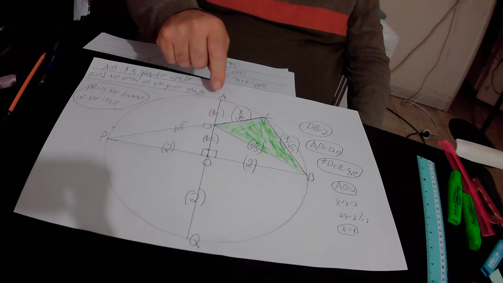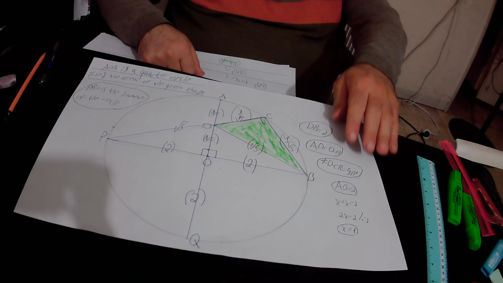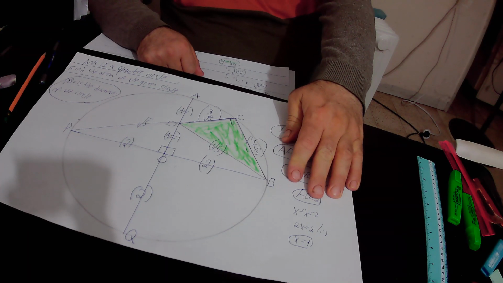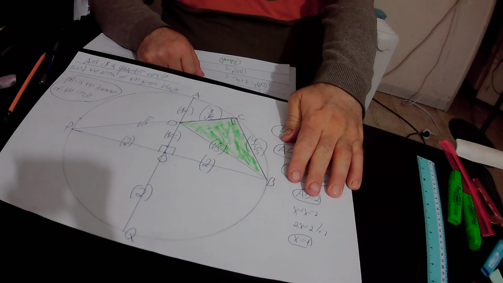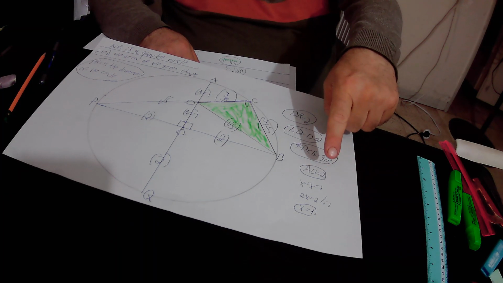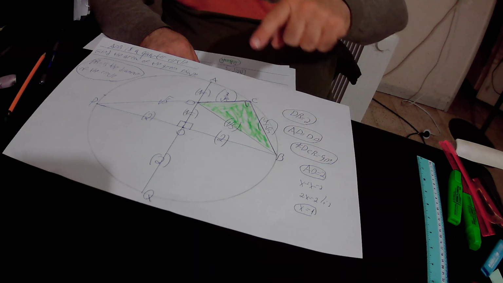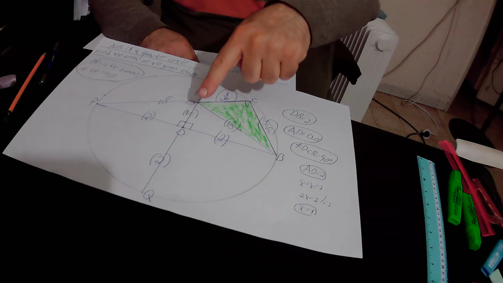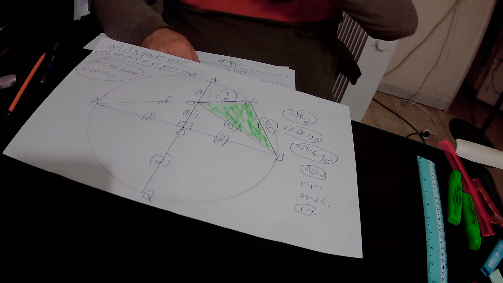So x plus x equals AO, that is 2. x plus x is 2x, so 2x equals 2. Here we divided this equation by 2 and found that x equals 2 over 2, that is 1. So AD, that is equal to x, equals 1, and DO, that is also equal to x, equals 1.